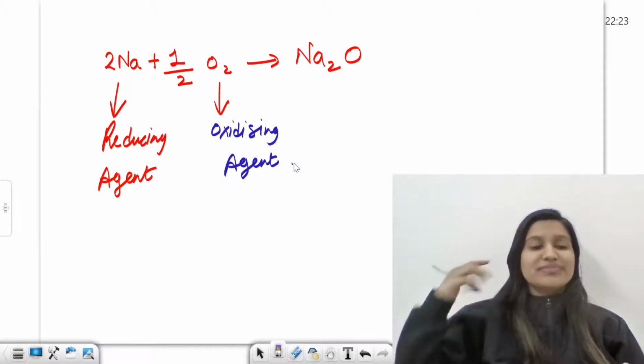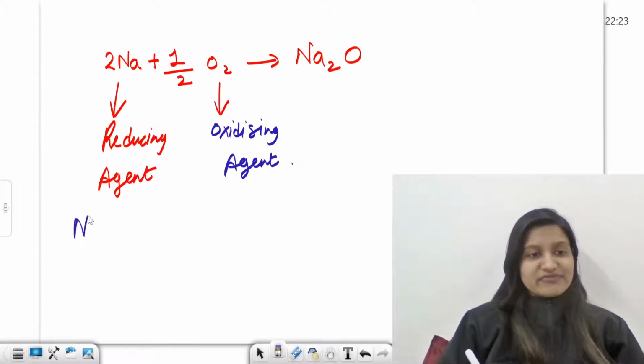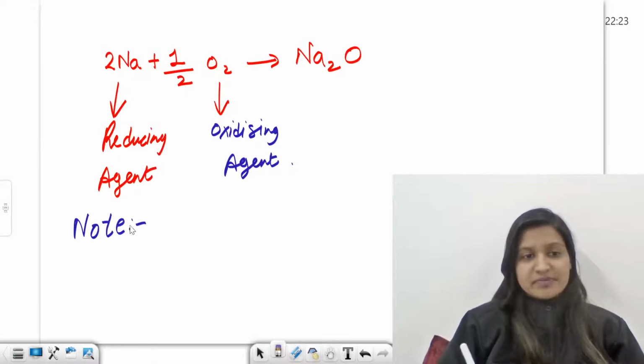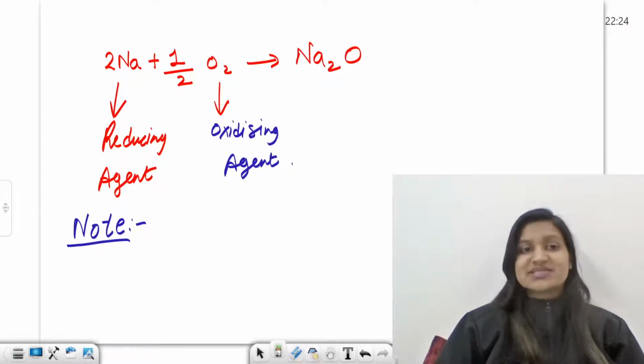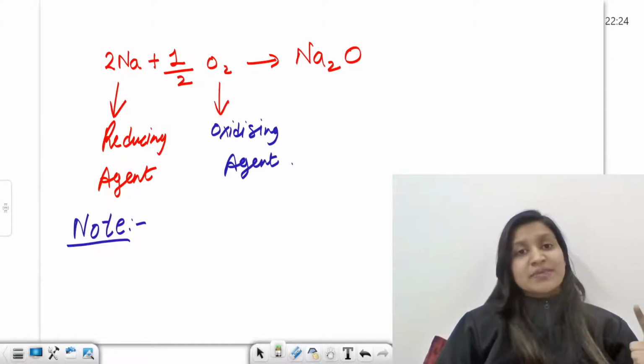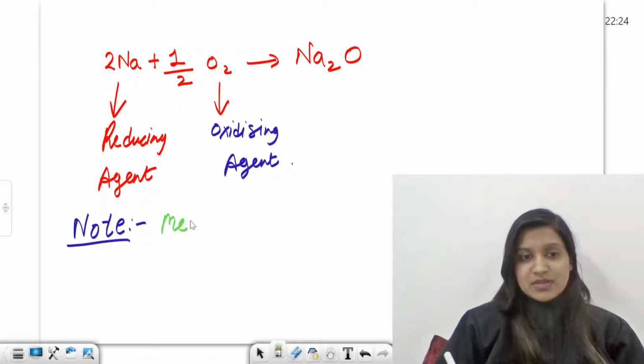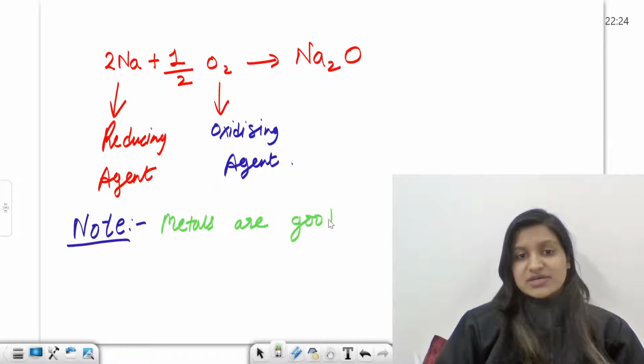Now, one more thing we need to remember is that metals are good reducing agents.